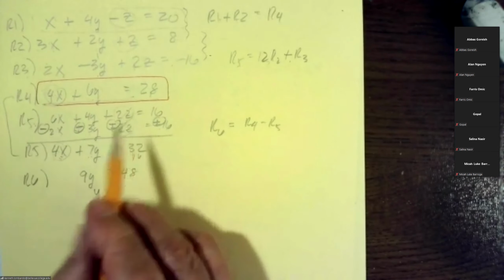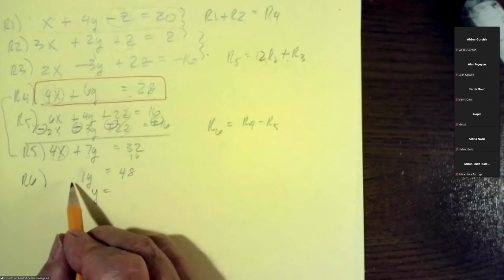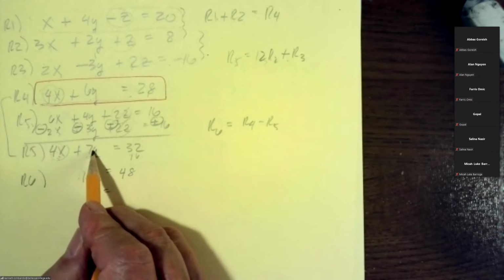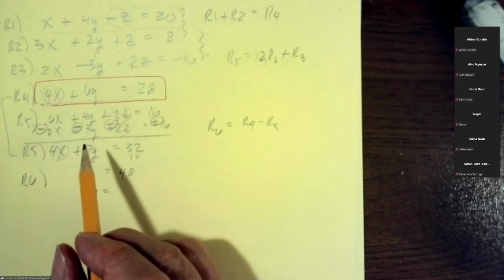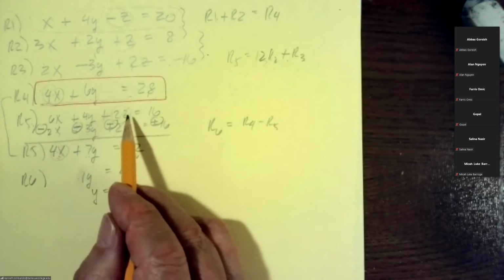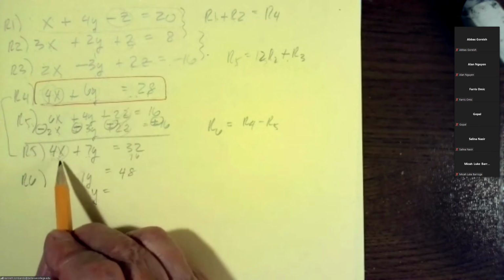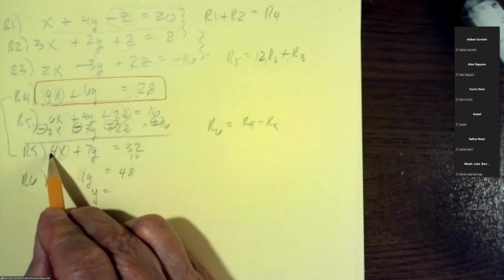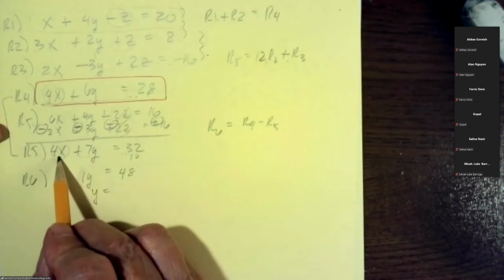Okay, so this would give me not negative 9, but negative... is that 8? Let's see, 9, 12, 7. What am I doing here? 28. That one is good. This is 4x, 7y, 32. What am I doing with these signs here?